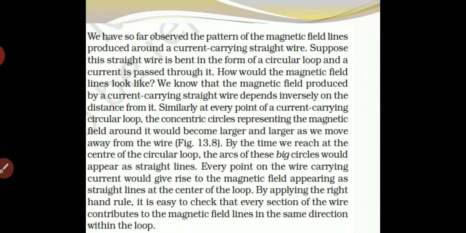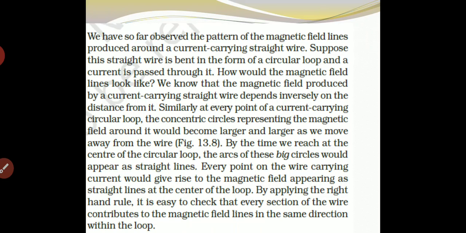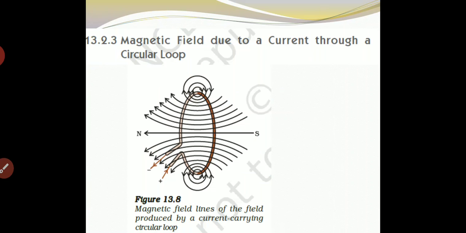By the time we reach the center of the circular loop, the arc of this big circle will appear as a straight line, which you can observe.